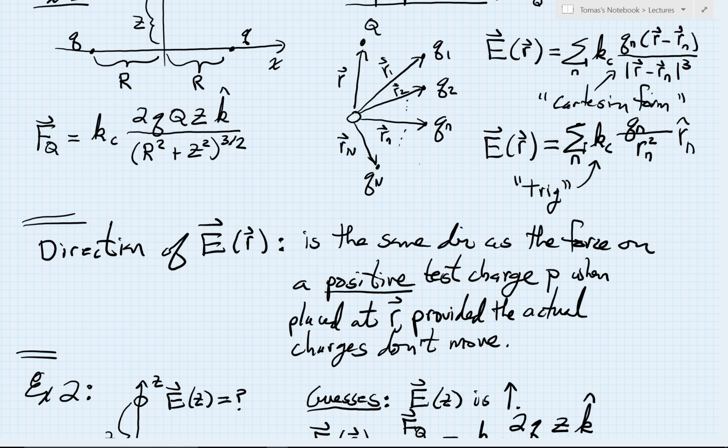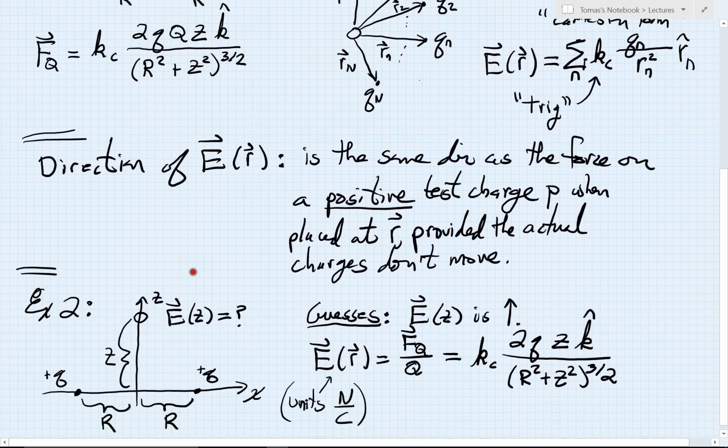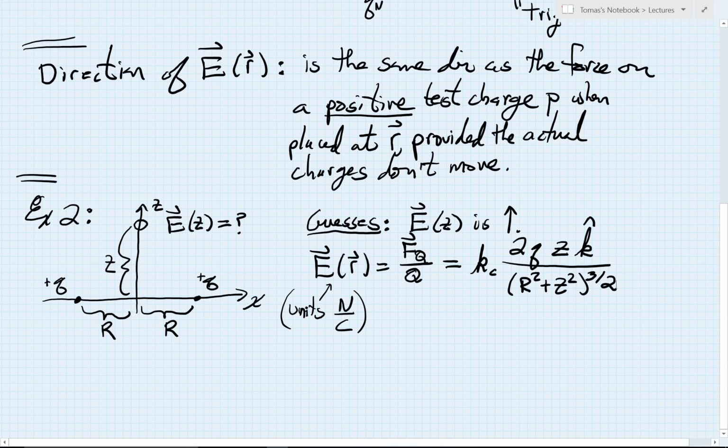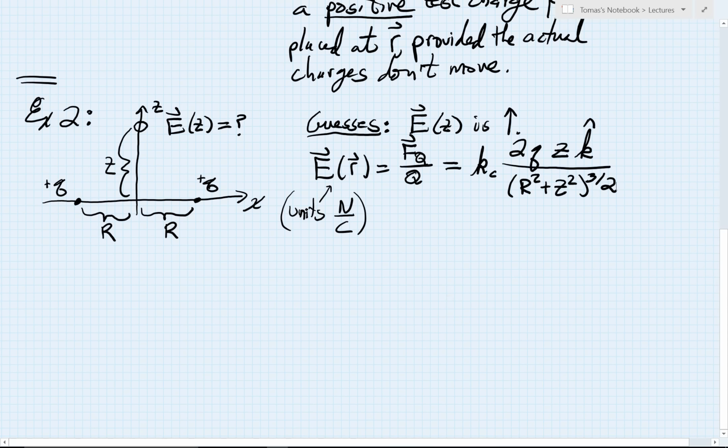So this will be a good review of vector algebra, while at the same time it will show us a new way of calculating electric fields, which can be much more convenient and less error prone once you've refreshed your vectors. So let's jump into calculating this using our Cartesian form for the electric field.